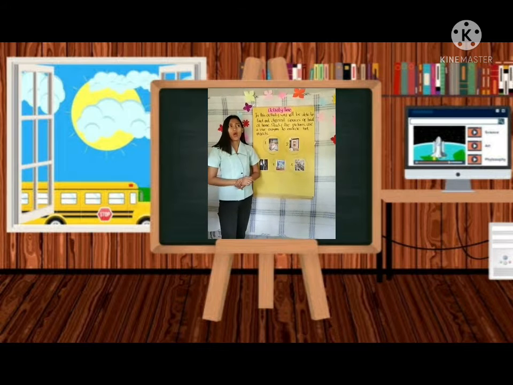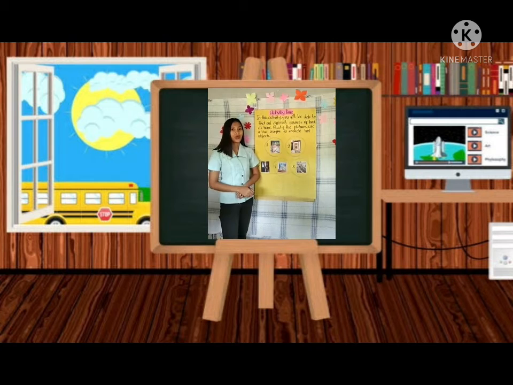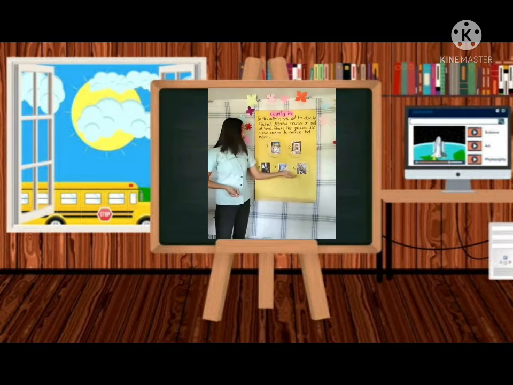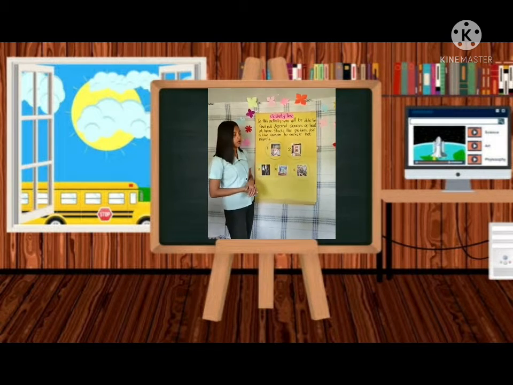So, may I ask, what would happen if there is no heat? Yes, Leon? Just like your example number 5, if there is no heat, what would happen to the food? Okay, the food becomes colder.